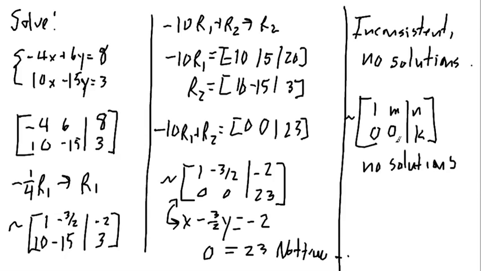So whenever we get something that looks like, let me highlight this, we have no solution: 0, 0, k, and here I'm assuming that k is not equal to 0.